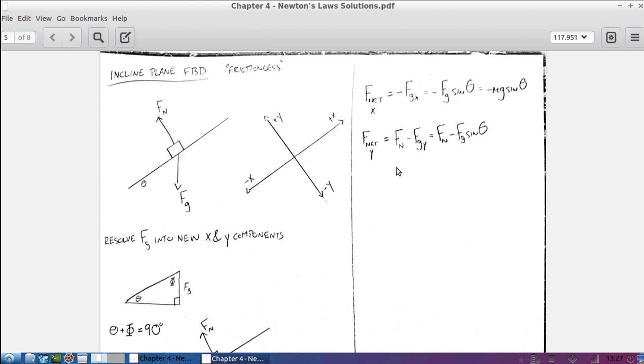What we're going to do is something similar to what we did in chapter 2. We're going to take our coordinate system and rotate it an angle theta counterclockwise, so the x-axis is again matching up with the incline. Alright, and the reason we do this is because we are going to have to split a vector up into its x and y components.